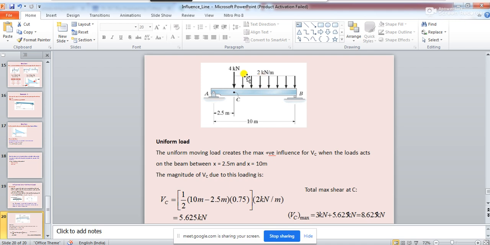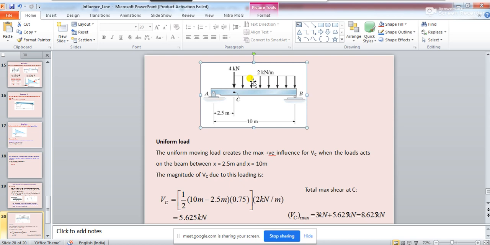Let's say the length of the 2 kilonewton per meter load may be 7.5 meter, it may be 5 meter, it may be 2 meter, it may be 3 meter. In this problem, to have the feeling and easy understanding, let us assume the length of the load is equal to 7.5 meter.